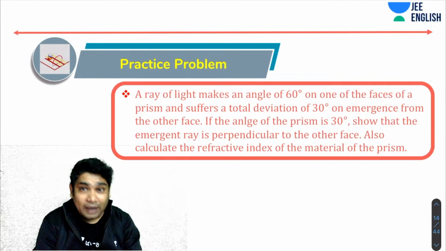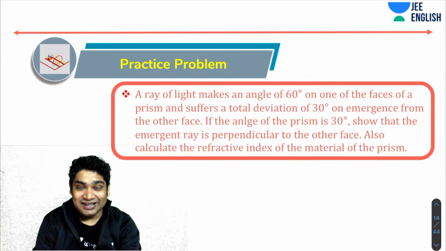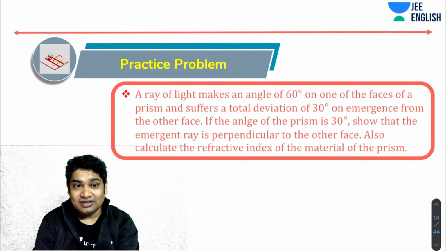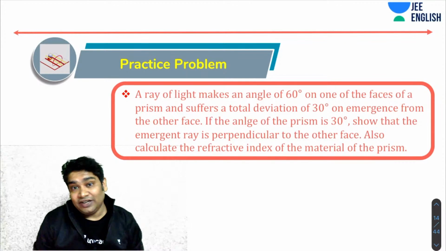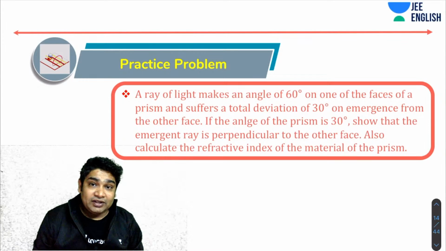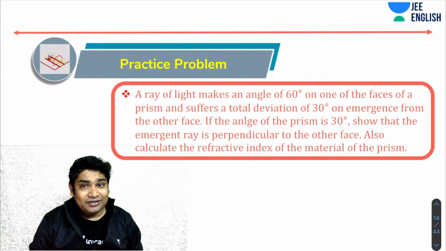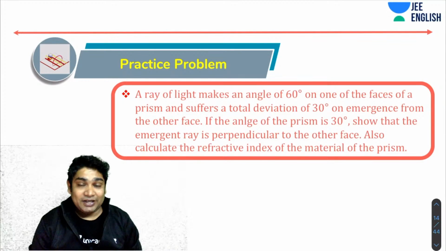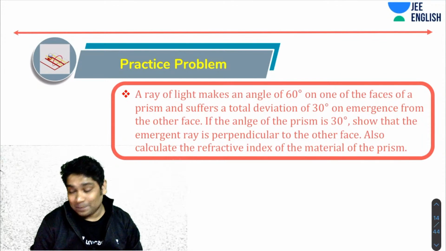Hurry up. I hope you remember the angle of deviation formula that we discussed. Just try and remember that, and you should be able to figure this out. This is a simple enough question. Most questions on ray optics are not very complicated. They appear tricky, but if you follow all the discussions and remember all the formulas, then trust me, these questions are pretty basic, straightforward formula application. That makes ray optics a highly scoring area, by the way.